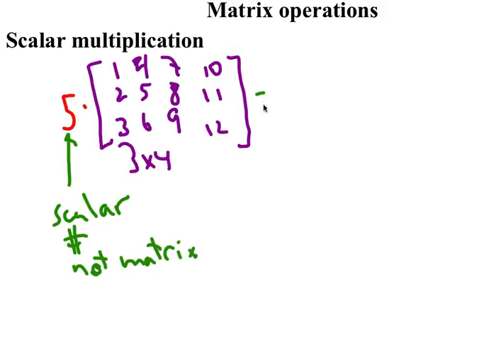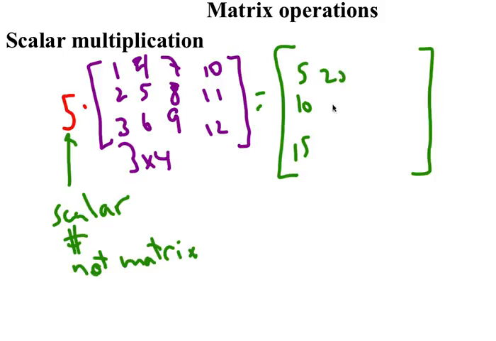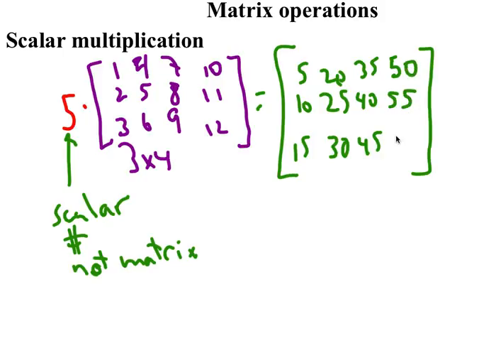When we do this, the result will be the same dimensions as what we started with, except everything will get multiplied by 5. So this would be 5, 10, 15, 20. All I do is put corresponding entries in their corresponding location. 30, 35, 40, 45, 50, 55, and 60.